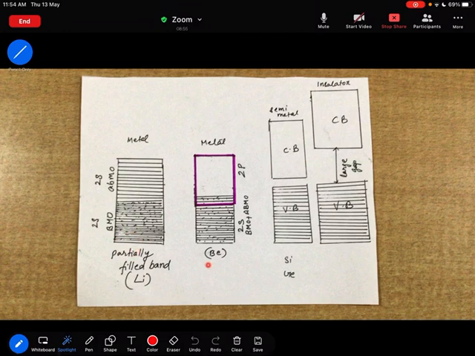Now, in beryllium, the anti-bonding molecular orbitals are also filled. I have drawn BMO and ABMO together. That is, this band is completely filled, but its energy is overlapping with an unoccupied conduction band.